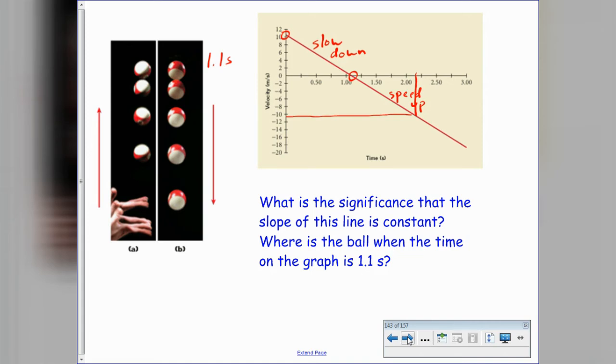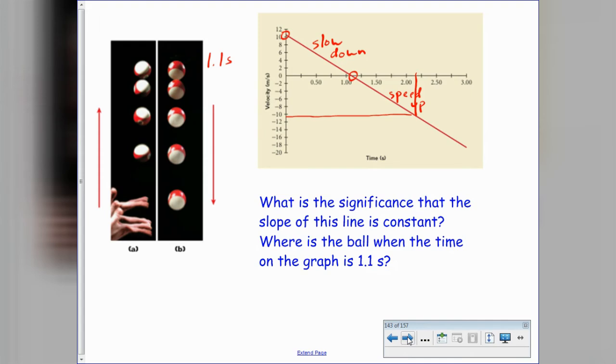It continues to fall after that point in time, but the speed that it was thrown and the speed when it ends back at the same spot are the same. Their direction is different, but the speeds are the same. Another thing is that if it takes 1.1 seconds to go up, it takes 1.1 seconds to come right back down as well. These are things that happen in upwards and downwards motion.